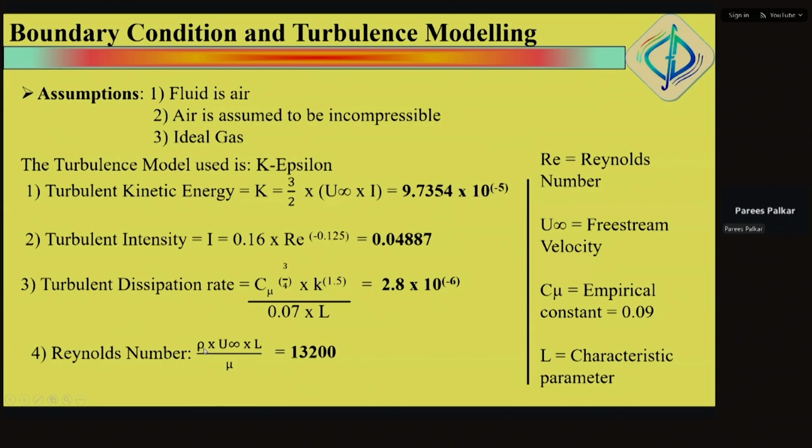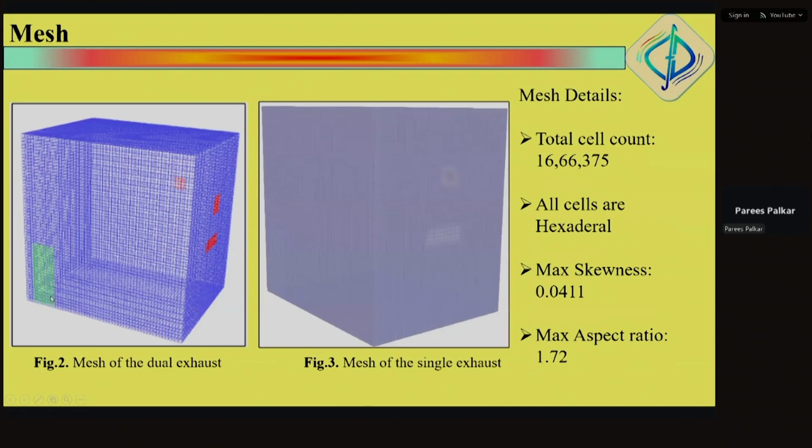The Reynolds number is given by density into free stream velocity into characteristic length upon the viscosity. That comes out around 13,200. As you can see, one is the indoor patch that is working as a fluid inlet, and also the AC patch that is also working as a fluid inlet.